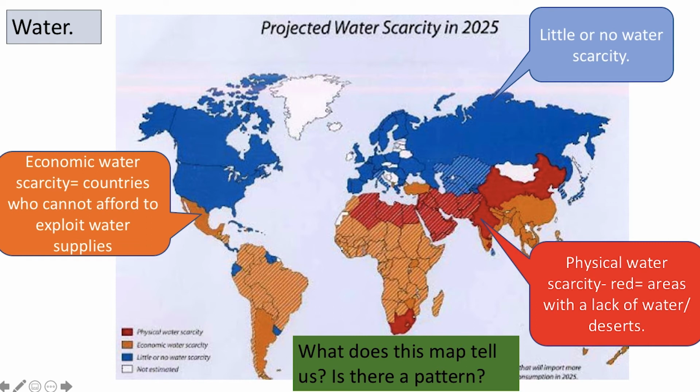However, if I take a look at South America, then I could say that in 2025 the majority of South America is going to have economic water scarcity, where they can't afford to exploit the supplies they have. And then if I look at the Middle East and Northern Africa, large parts of India, then I can say that those areas by 2025 will suffer with physical water scarcity, so a lack of water and deserts in those regions.